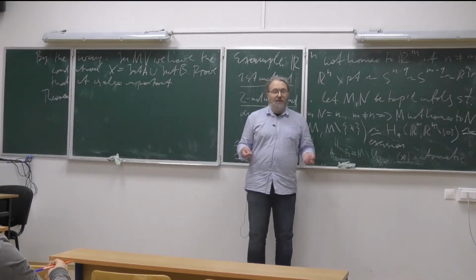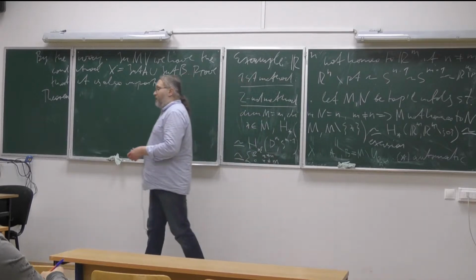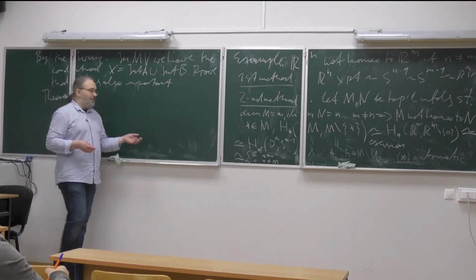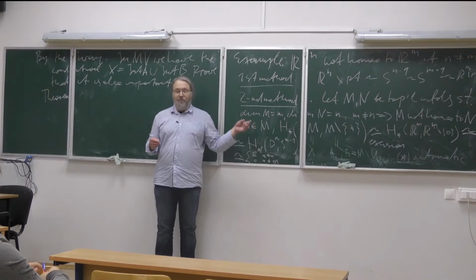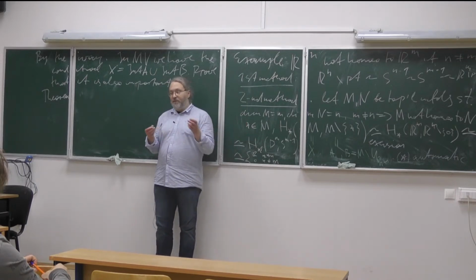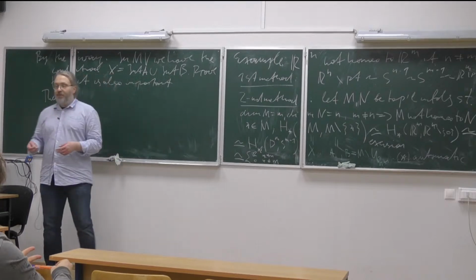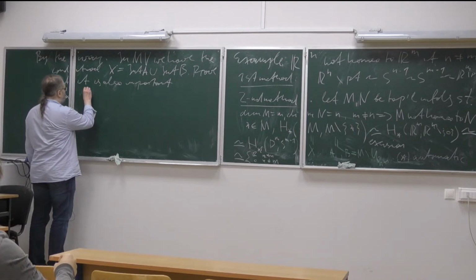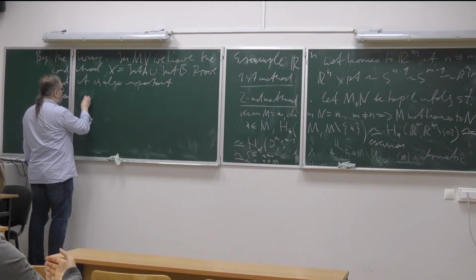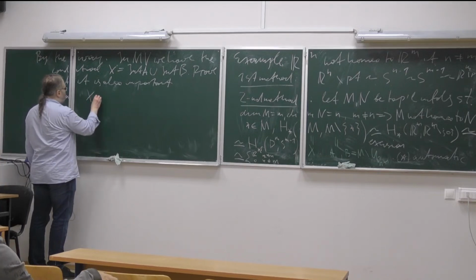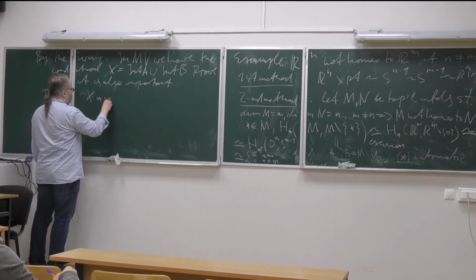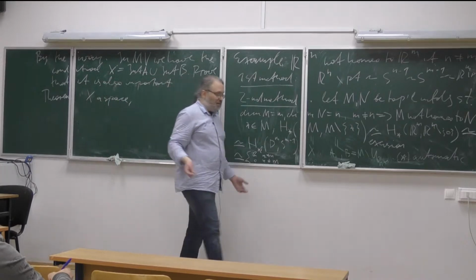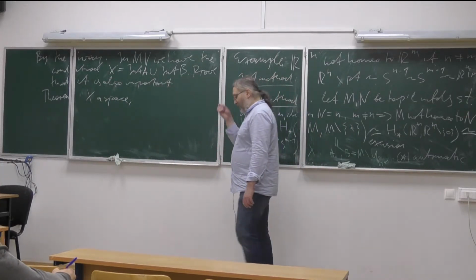For example, I mentioned a few times that the relative homology of (X, A) can often be seen as the reduced homology of the quotient space. Well, let's see when this is possible.